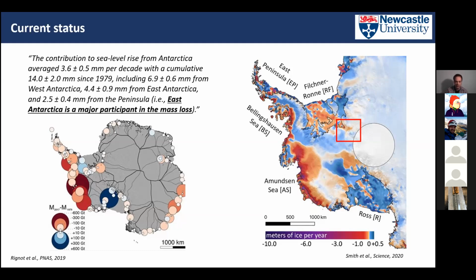And of course, we're starting to potentially see parts of East Antarctica being a major participant in the overall ice loss of Antarctica.